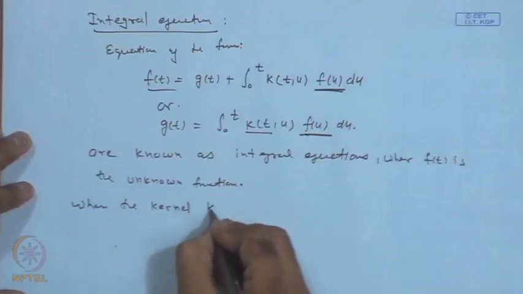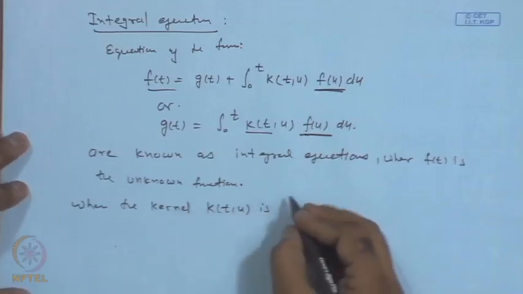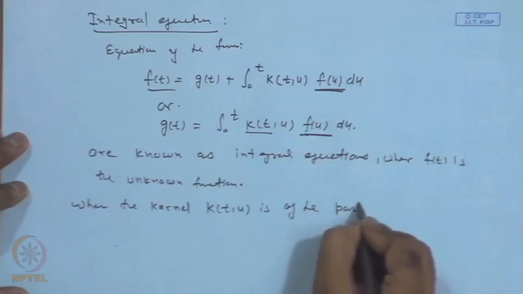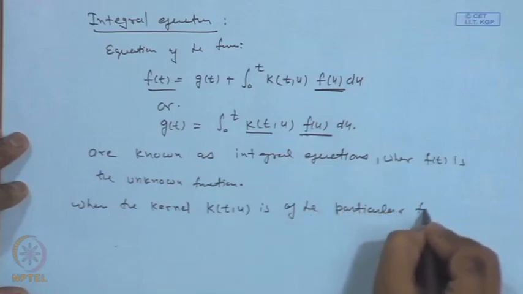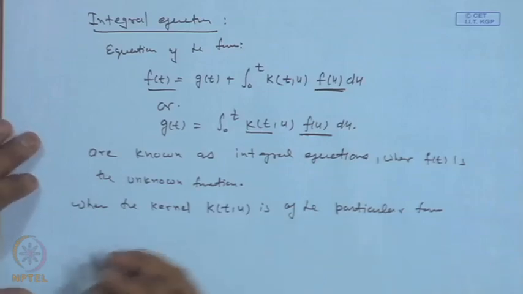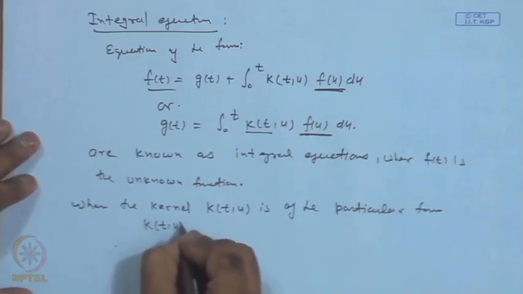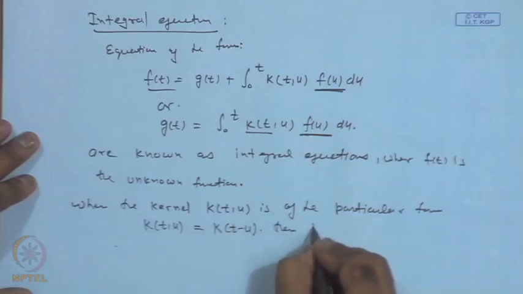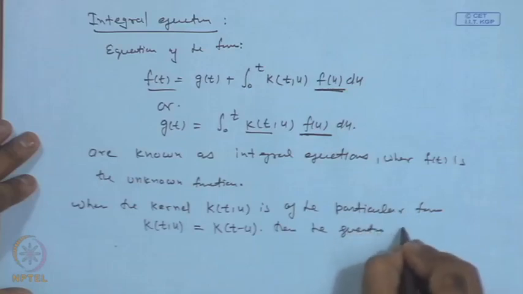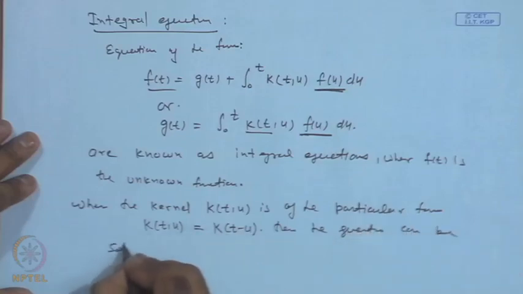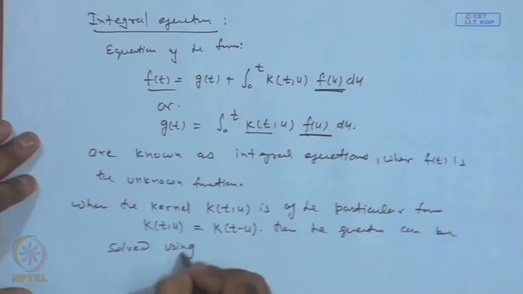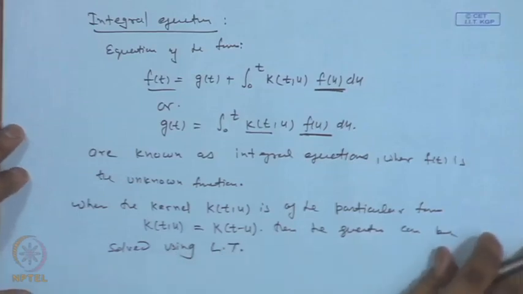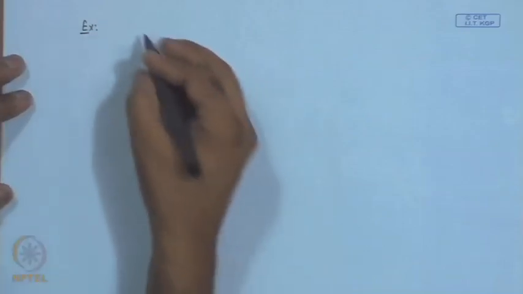If this kernel k(t, u) is of the particular form that it is just a function of t minus u, then the equation can be solved using the Laplace transform, and we will see why, because it will simplify that integral which appears in the integral equation.